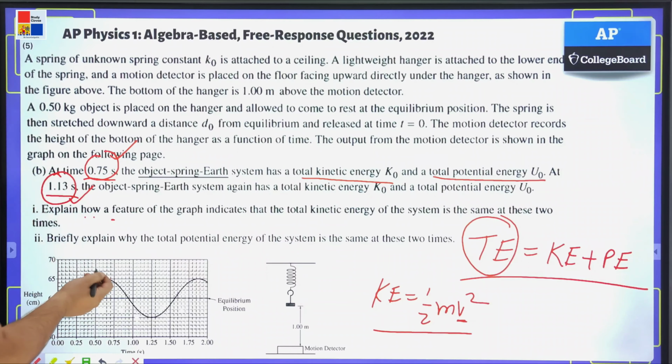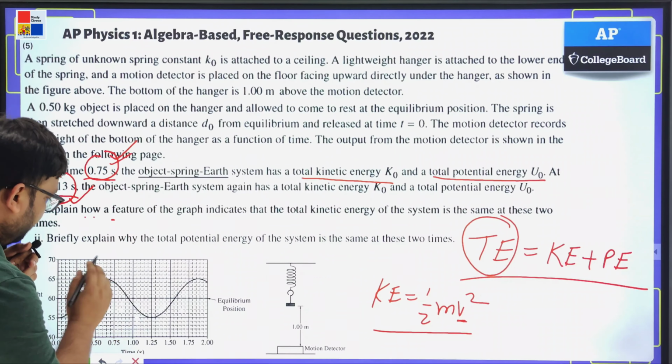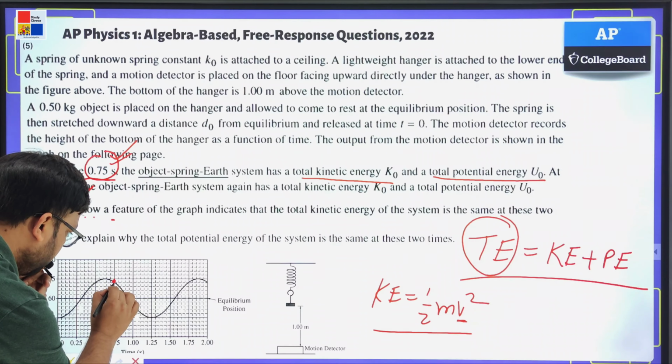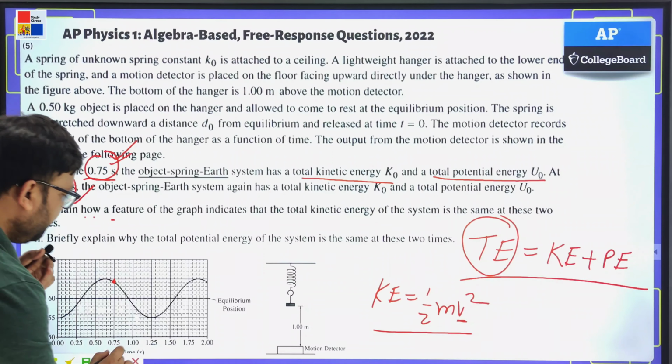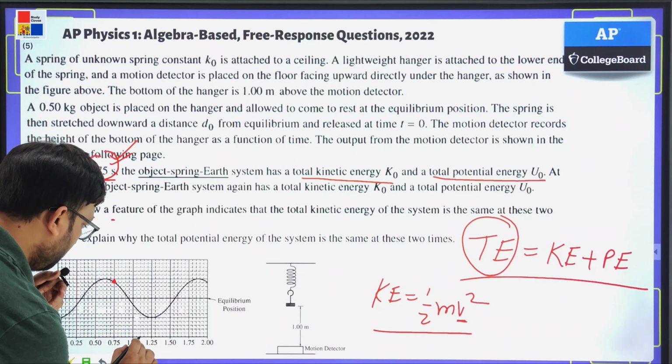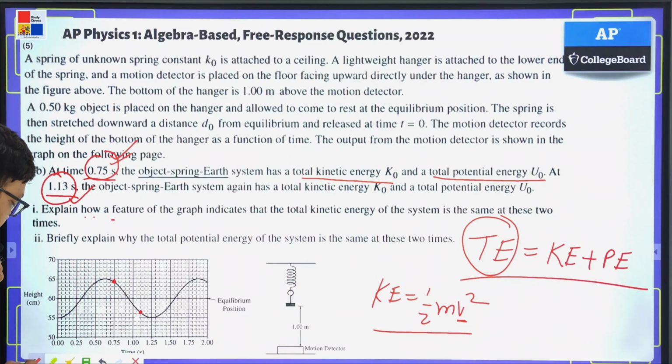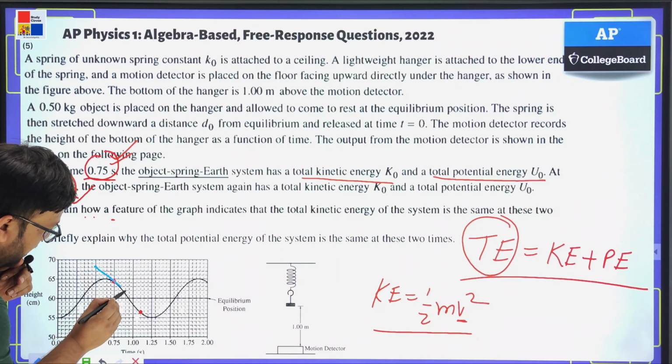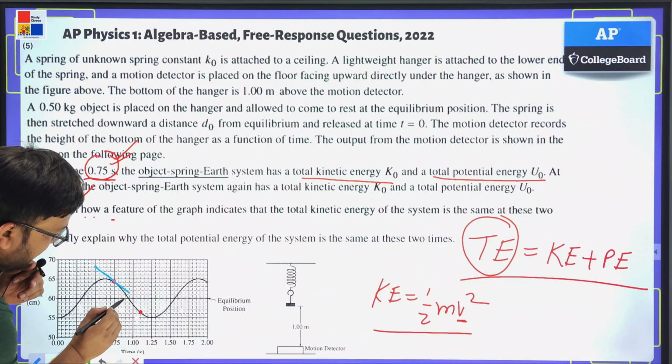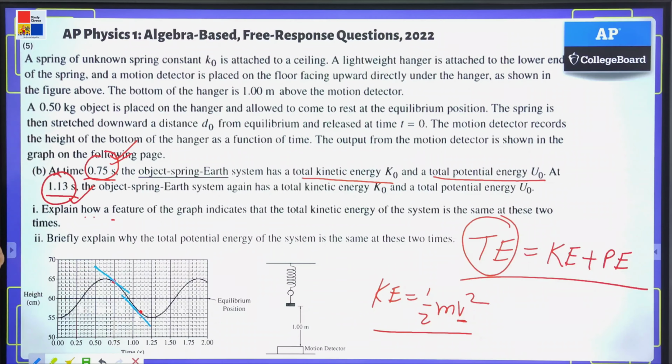So let's locate these two instants. 0.75 is this position here on the graph, and 1.13 is here. The slopes have to be the same. If I make a tangent here, it's this, and a tangent here, it's this, right?